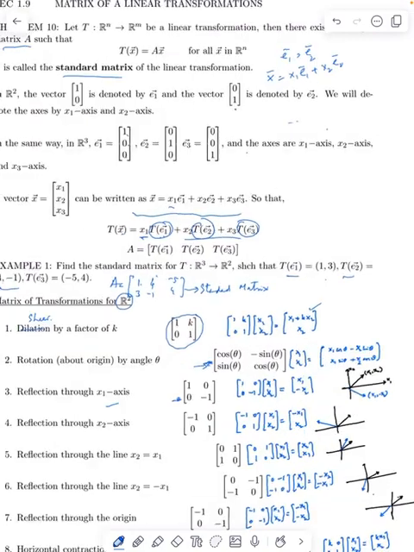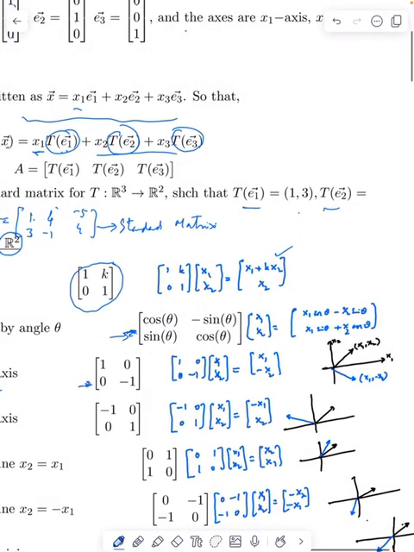So here is the picture. The black one is the original vector x1, x2, and when I multiplied with this matrix, I got x1, minus x2. So I have the reflection of the vector over the x1 axis.